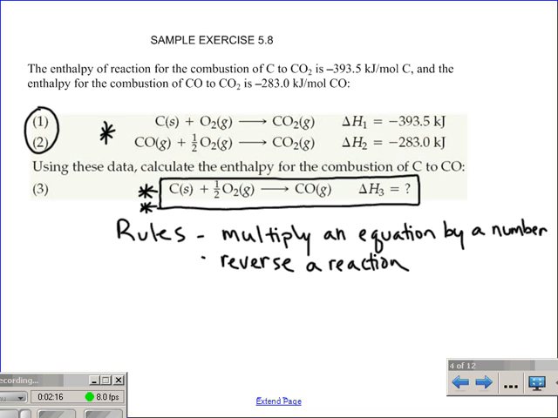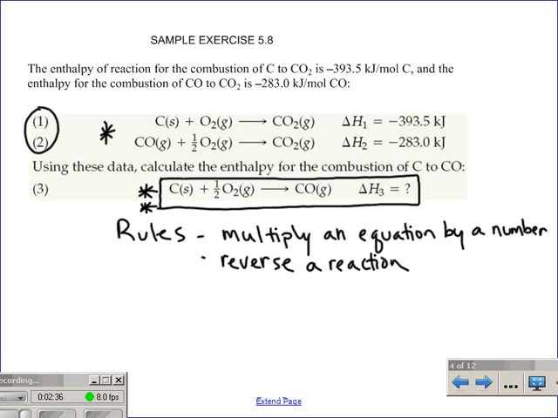When you multiply an equation by a number, whatever you do to the equation changes the coefficients of all the substances in that equation, and you also have to do that to the delta H value. If you reverse a reaction, you have to change the sign of delta H from positive to negative.